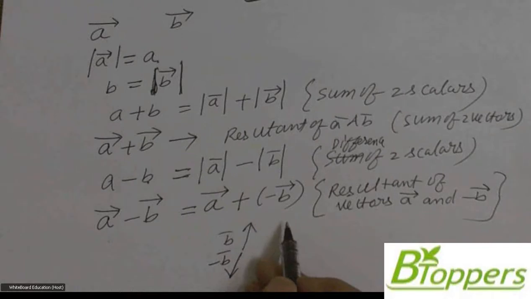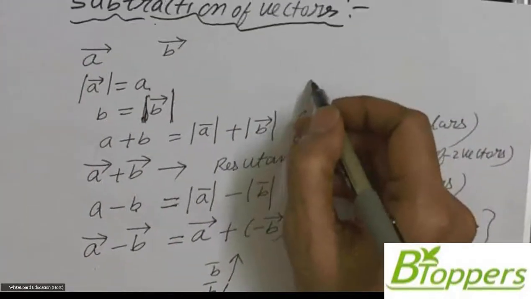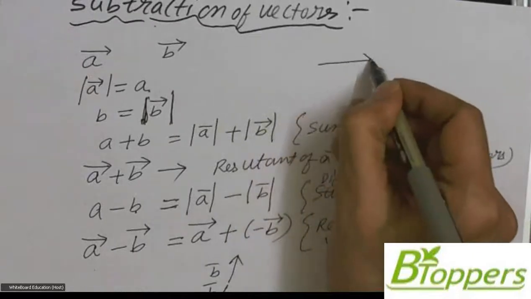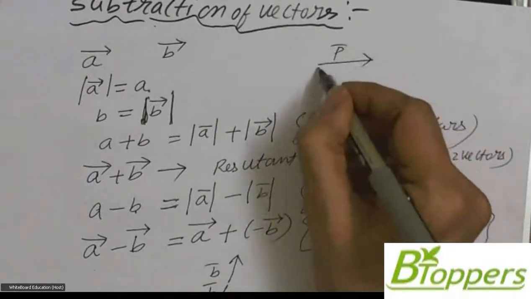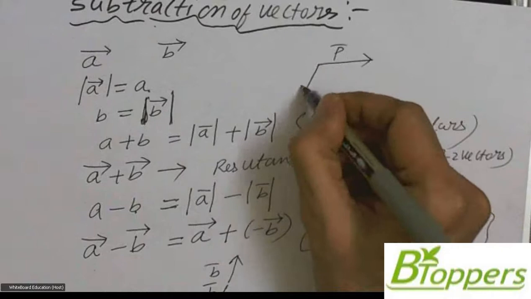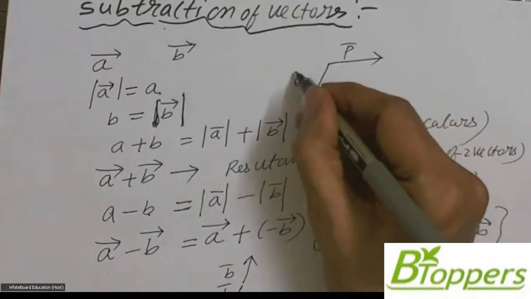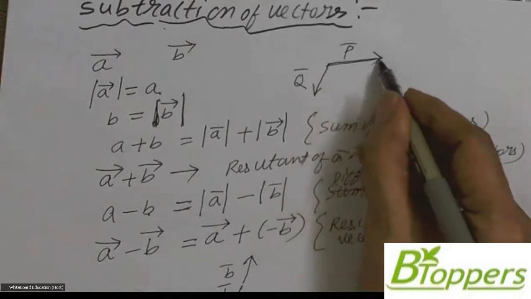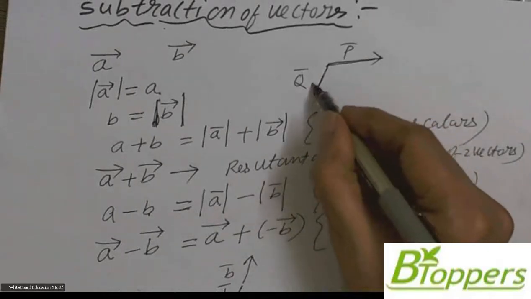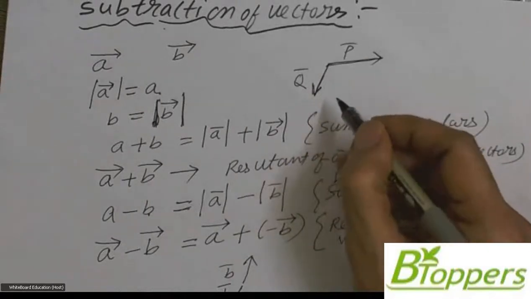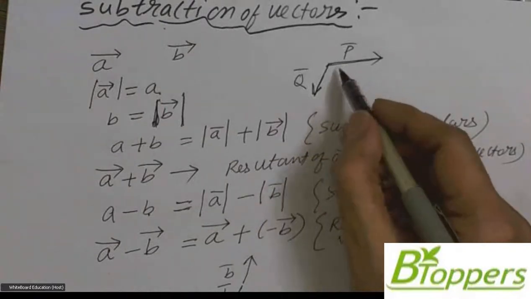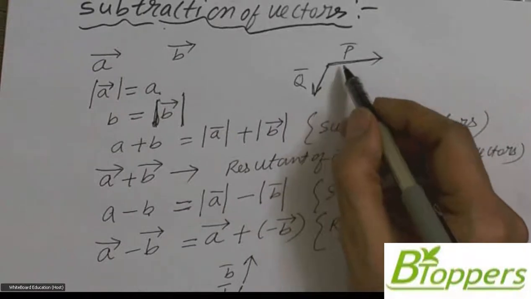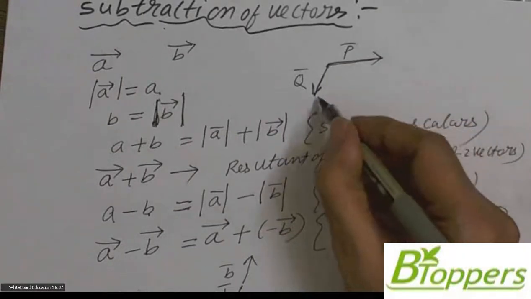As I discussed in the parallelogram law of addition of vectors, suppose two vectors P bar and Q bar are graphically represented by the adjacent sides of a parallelogram such that the tail of vector Q bar is attached to the tail of vector P bar.